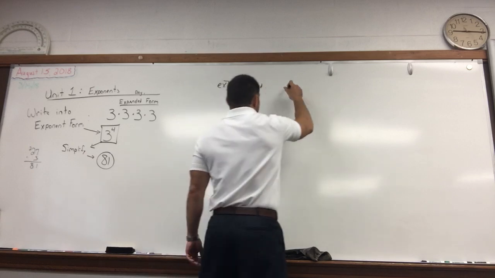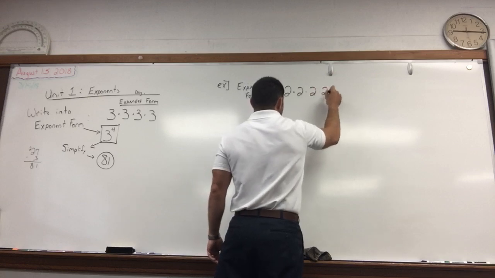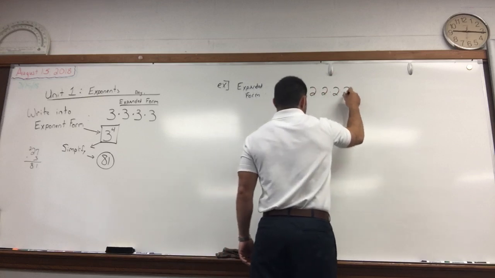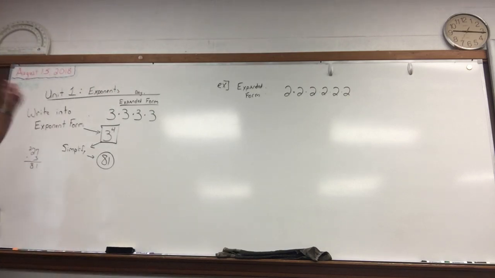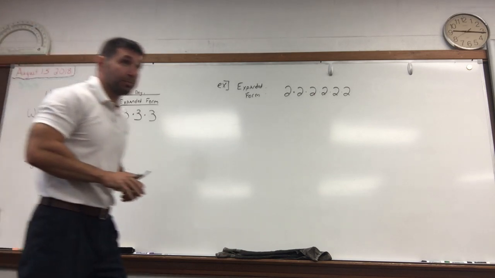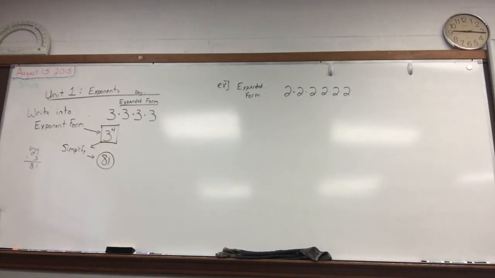And we're going to start with 2 times 2 times 2 times 2 times 2 times 2. So I want you to put it into exponent, and then I want you to simplify it. I want you to talk with your group. See what you guys are doing. Talk it over. Make sure you guys have the same answer. Give it a try. Go.